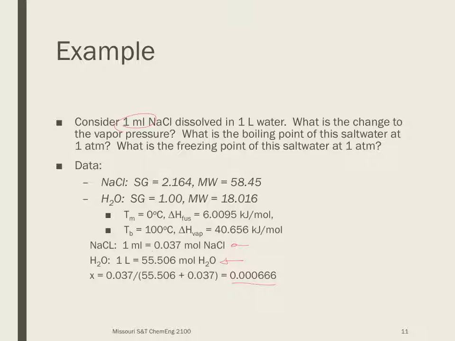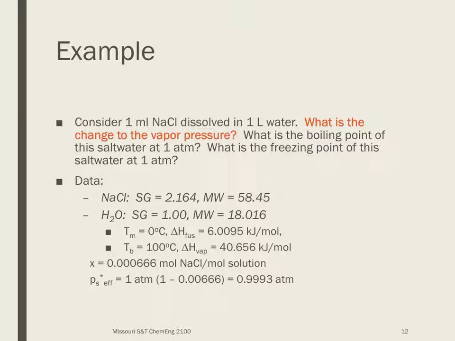So this is my mole fraction. So it's a very tiny addition. If we look at what's the change to the vapor pressure, well, I'm going to simply take 1 minus X times the total pressure. And so 0.9993. That total pressure in this case was the vapor pressure of the pure substance. So it's a small change to the vapor pressure.